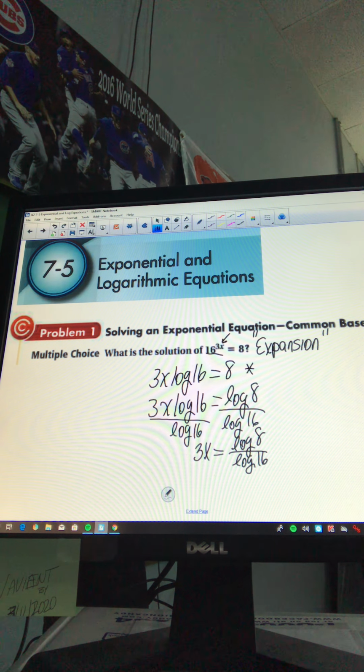Then if we take the log of 8 divided by log of 16, we can divide the whole thing by 3. I didn't grab my calculator, so I'm not sure what that's going to be equal to. All right, so that is how we can use logs to solve equations.